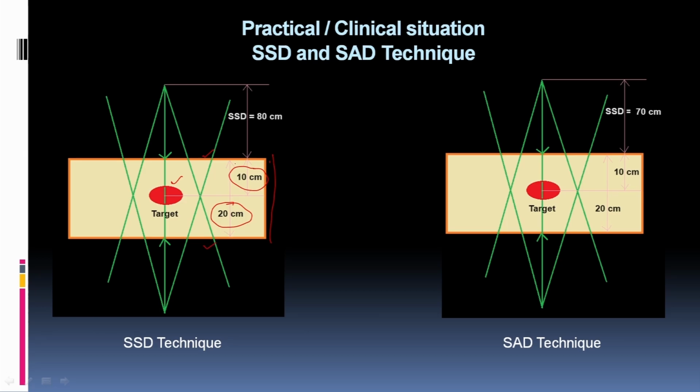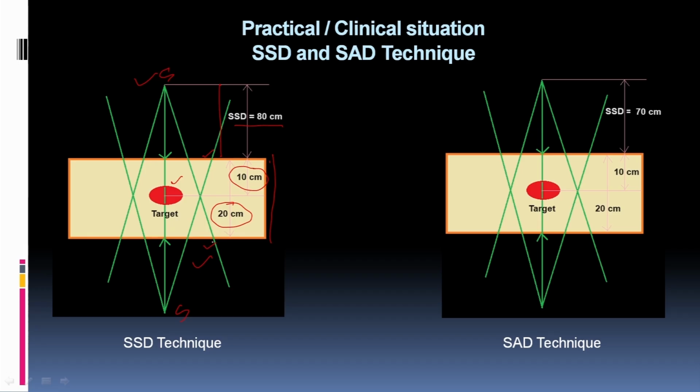Now, in the SSD technique, we need to keep the source to surface distance at 80 centimeter. From this direction this is the source, and here also this is the source. So we are treating this target by two fields, one anterior posterior and the other posterior anterior, AP and PA fields.